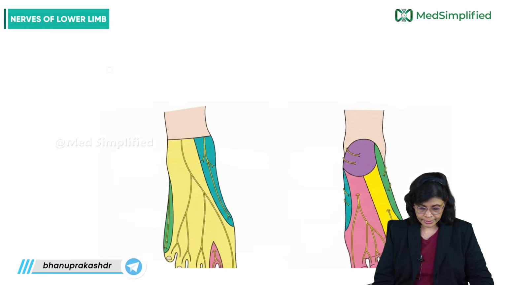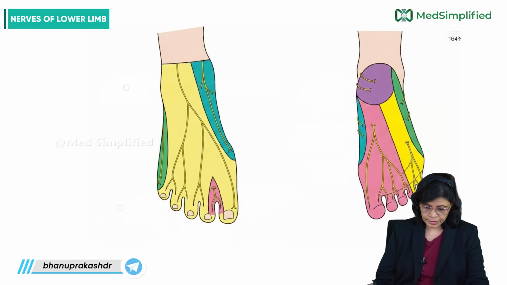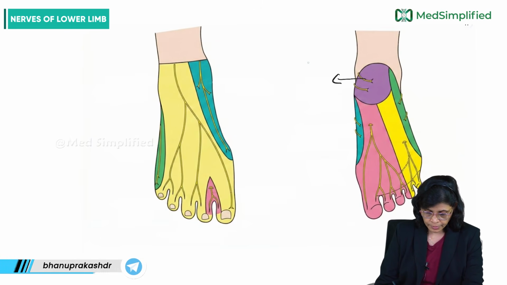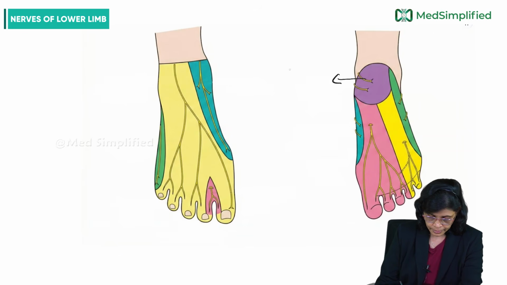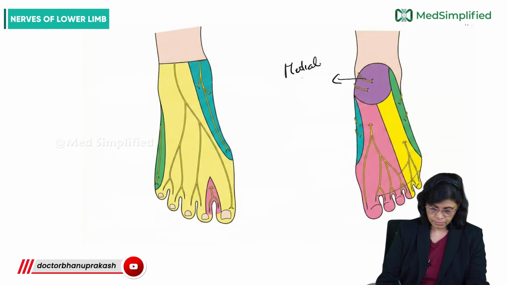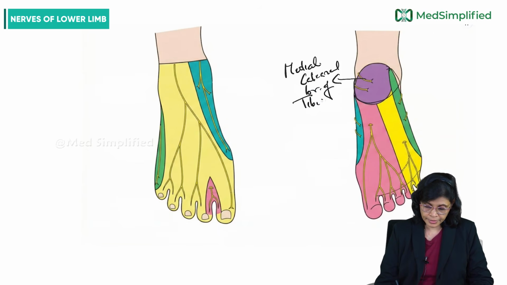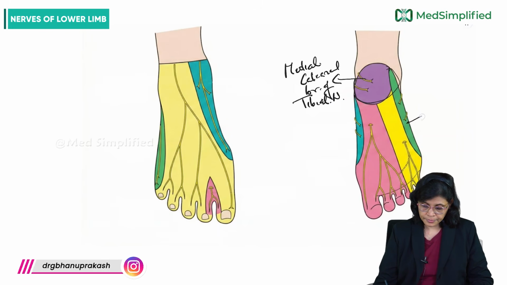Now the sensory supply on the sole of the foot. If you see the sole, near the heel we see the medial calcaneal branch of the tibial nerve. Along the lateral aspect, the sural nerve. Medial aspect, we see the saphenous nerve.